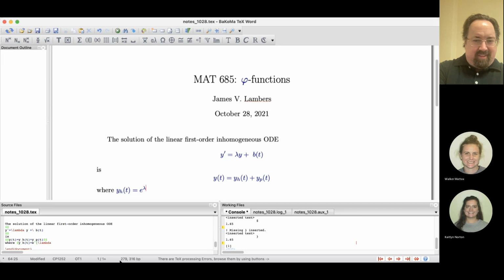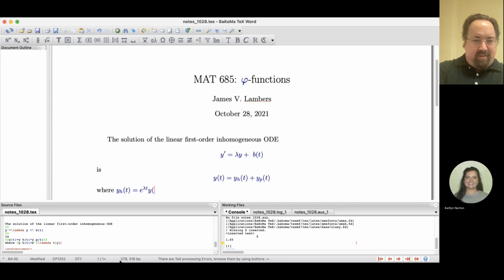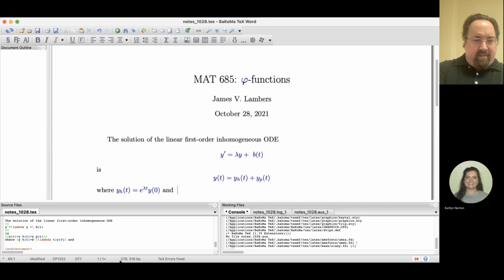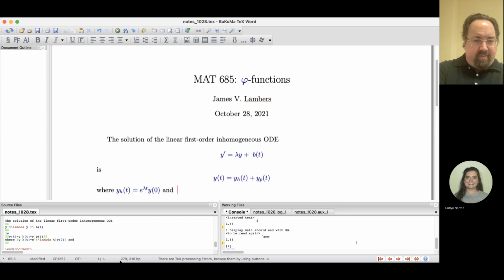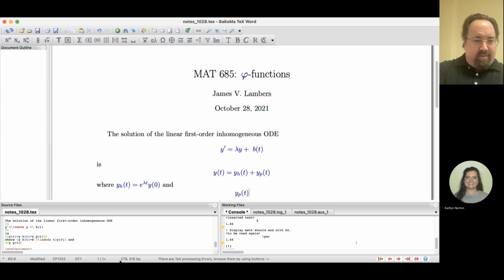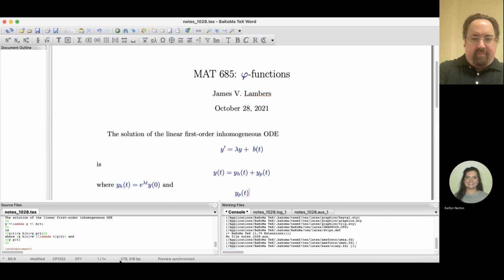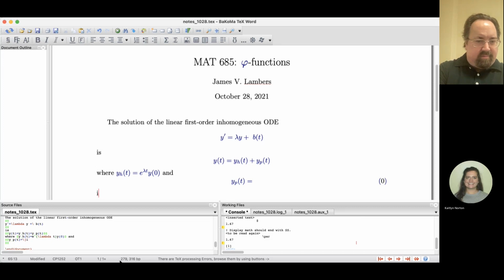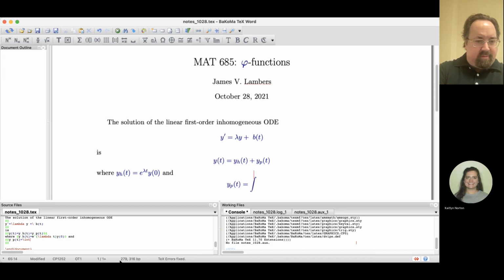All right, so that's a homogeneous part, which we don't care about, and the particular solution is the integral from 0 to t, and I'll put the e to the lambda t outside.